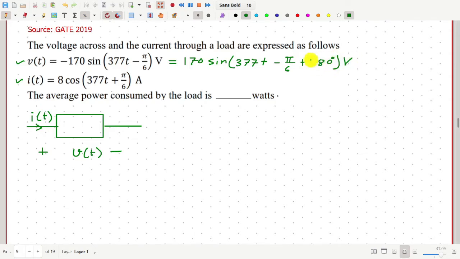This is in volt, and pi by 6 is 30 degree. So let me put everything in degree for my ease. Then the current can be written as 8 cosine 377t plus pi by 6 is 30 degree. This is in ampere. Now we can change this cosine into sine by adding 90 degree here.